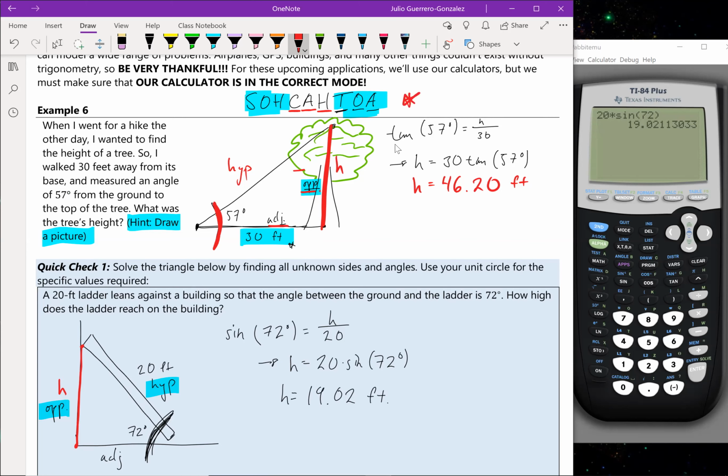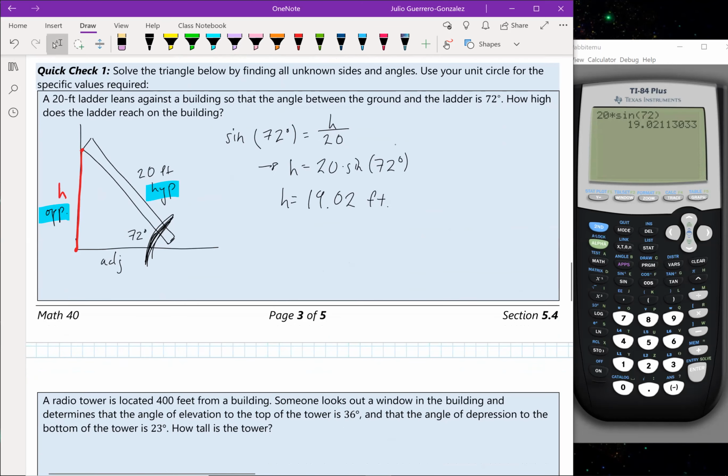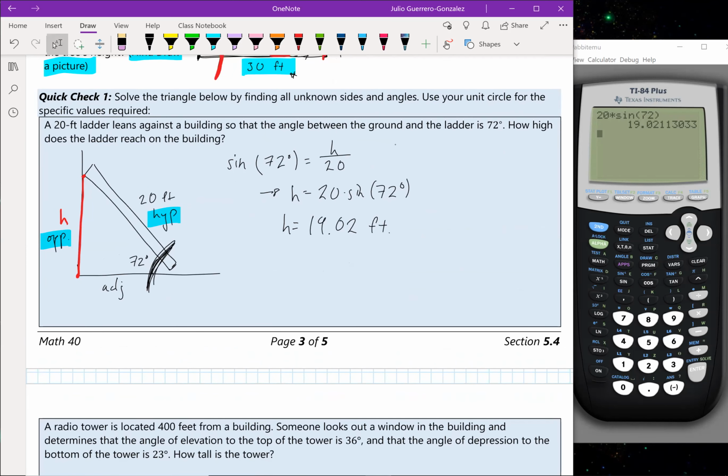Okay, so for CAH, what would be an example of that one? If we look at the ladder one, if I ask you for this adjacent side, same statement, but instead of finding how high on the building the ladder reaches, I can say how far is the base of the ladder from the base of the building?